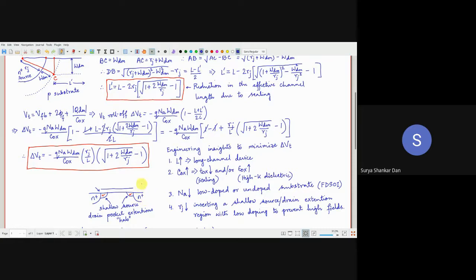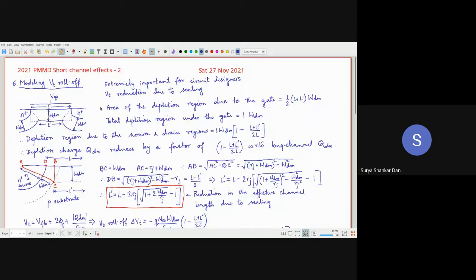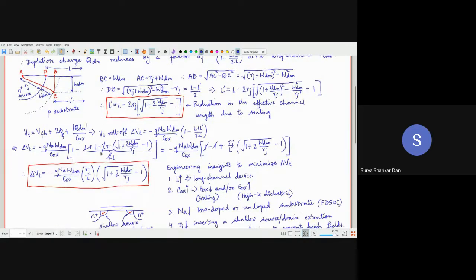Now you will change the direction into oblique direction, and you are going to put N minus here and here. So these are the four important engineering insights. There are other techniques also, but anyway, these 1 2 3 4 are four engineering insights to minimize the VT roll off due to scaling. Understood, everybody? This is a very, very important thing that you have learned. We are going to use this in our next semester.